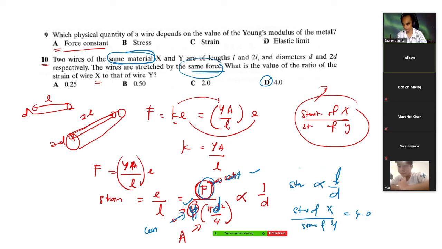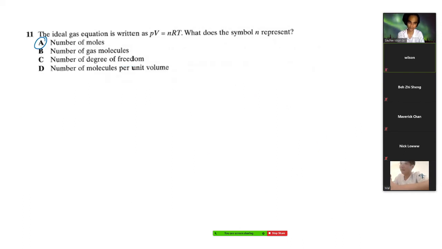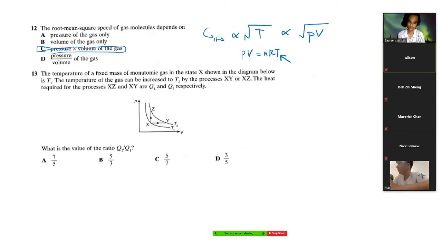Strain is related by proportion to L divided by D. Strain is proportional, related to L over D. Okay. Next question. 11, A is the answer. 12, C, square root of PV.